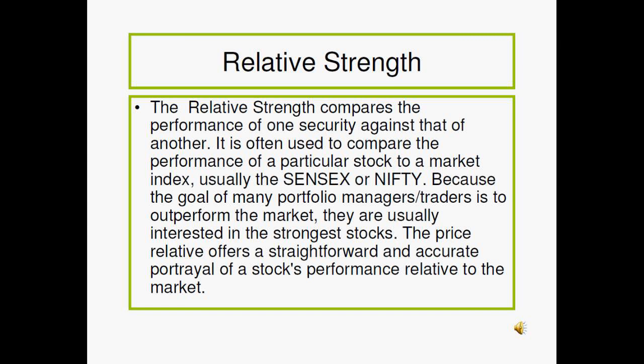When I say an X stock has a relative strength of 60, the meaning of this is that in the last 7 trading days, Reliance has outperformed Nifty 60% of the time. When you say 70%, it means that Reliance has outperformed Nifty 70% of the time.